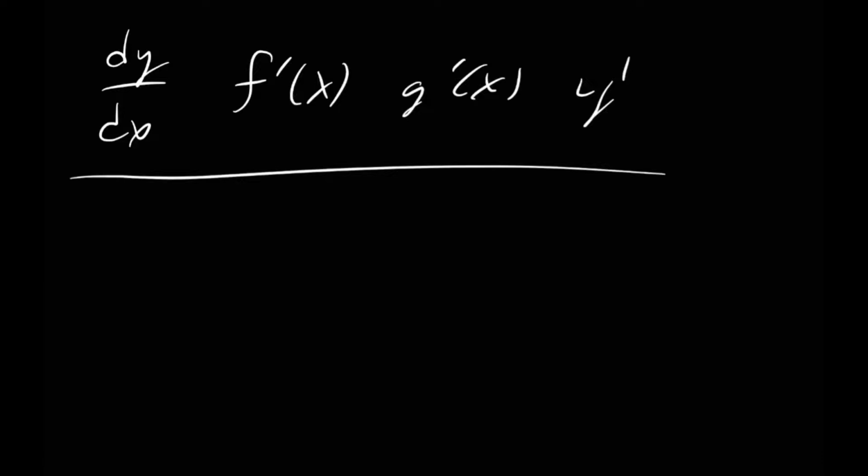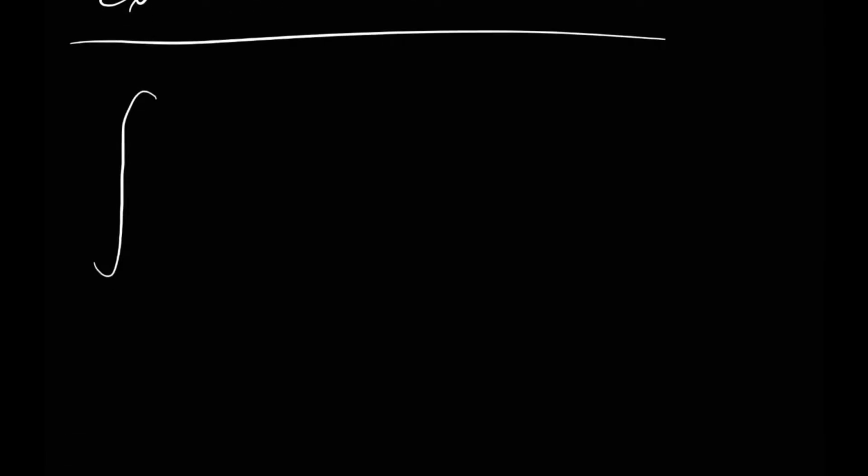But I digress. Getting back to the integration notation, you will find that we have this symbol. That symbol is called an integral sign. This was introduced by Leibniz whenever he was working with these equations, trying to figure all this stuff out.